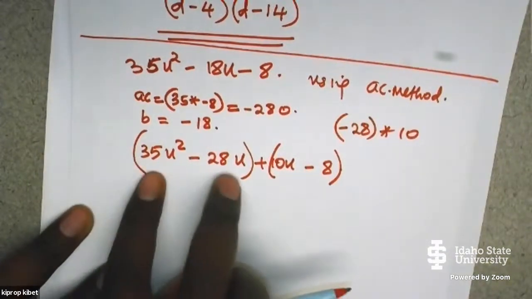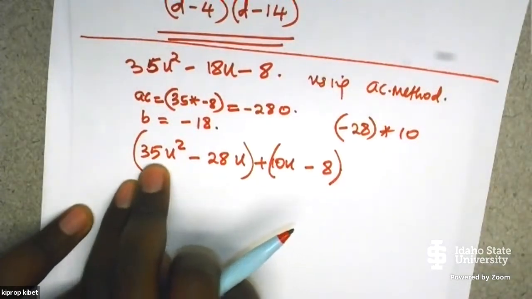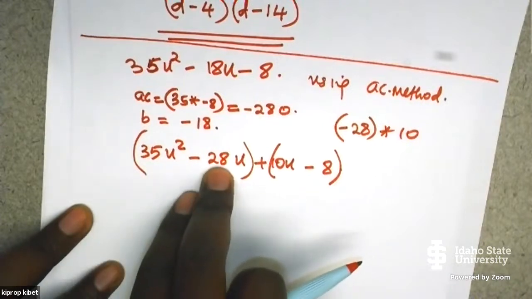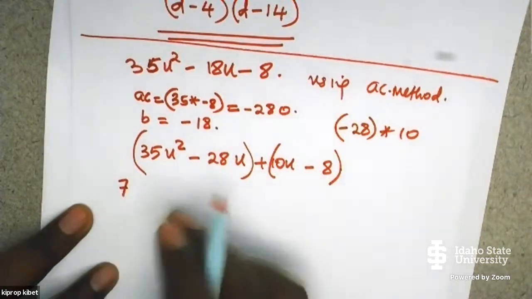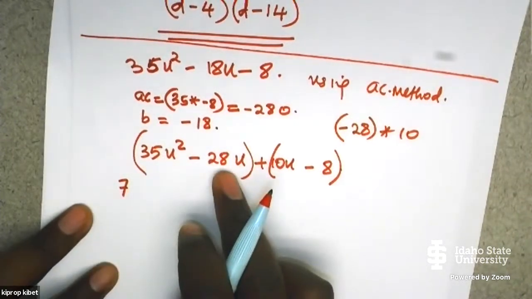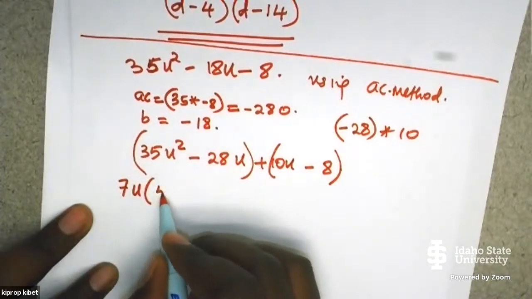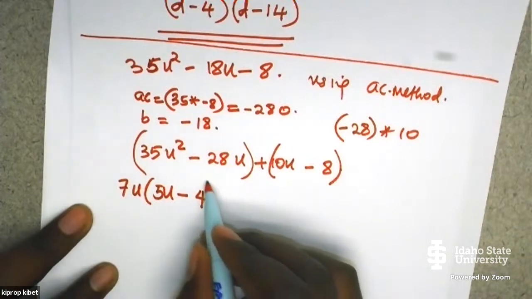Now from here, we factor out the greatest common factor. What is common here? 35 and 28, 7, right? What is still common here again? u. So this is 7u times 5u minus 4, right?